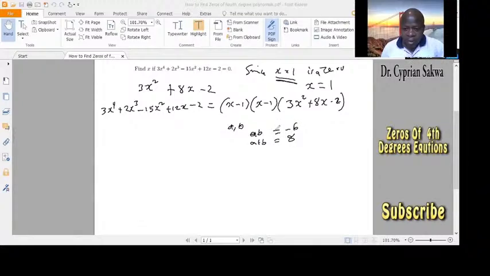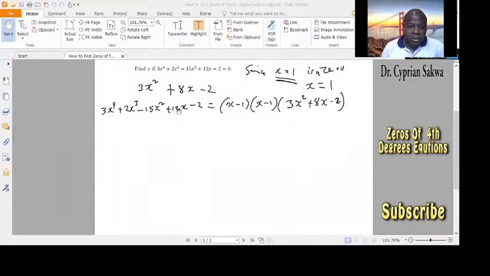Since I cannot see them easily, let me just use the quadratic formula. Just a minute, let me use this eraser. Let me just write for you what you have.